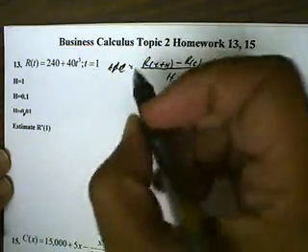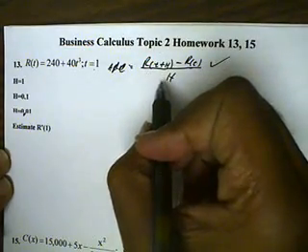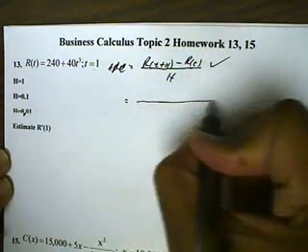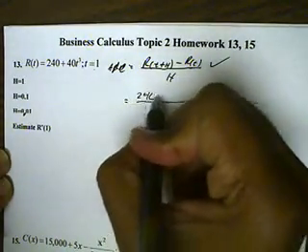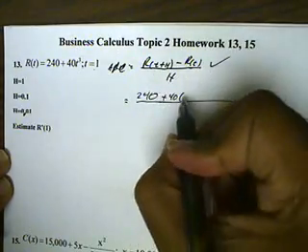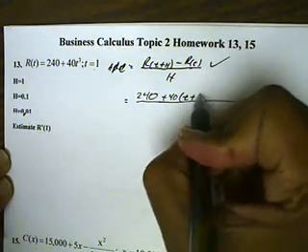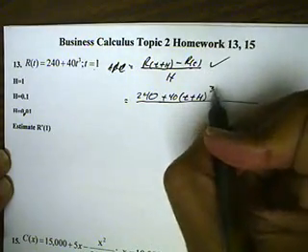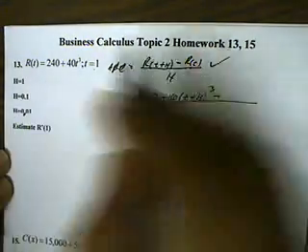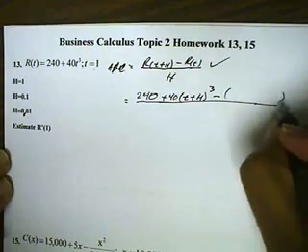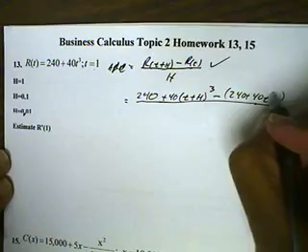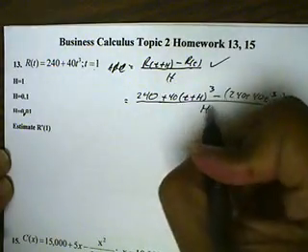So this will be 240 plus 40, and instead of the t, we're going to put a t plus h, all to the third power, then minus r of t, which is this function right here, 240 plus 40 t to the third power, all over h.